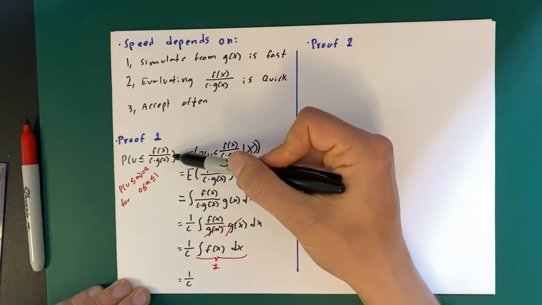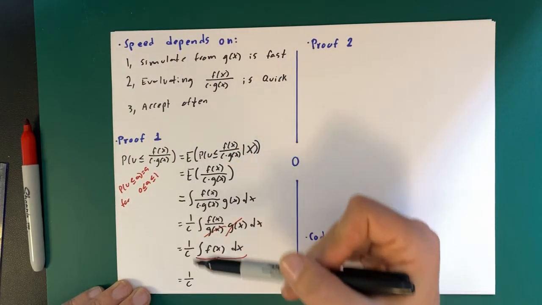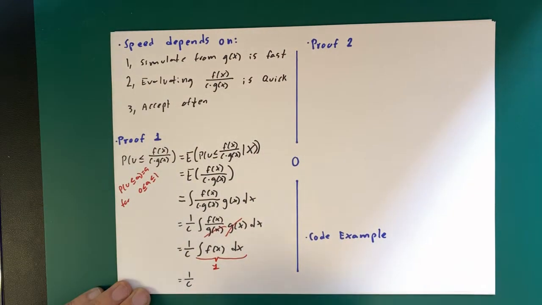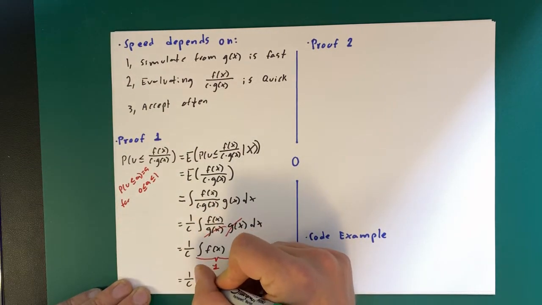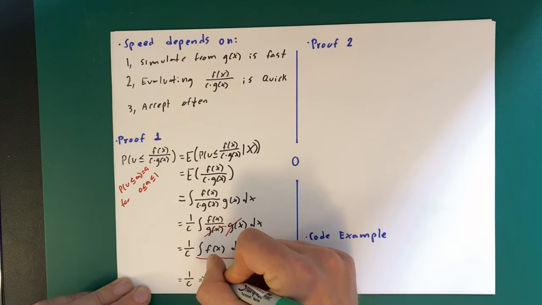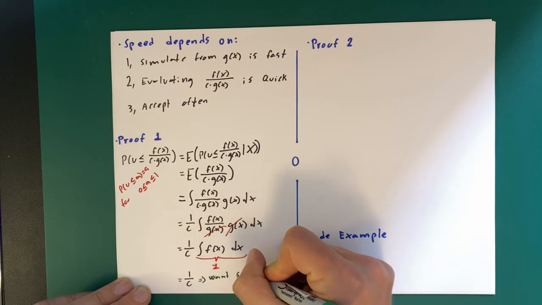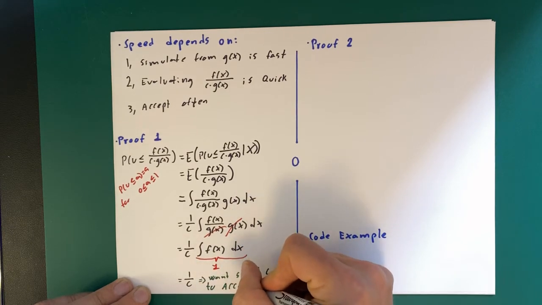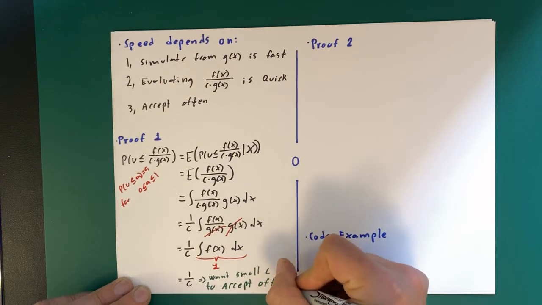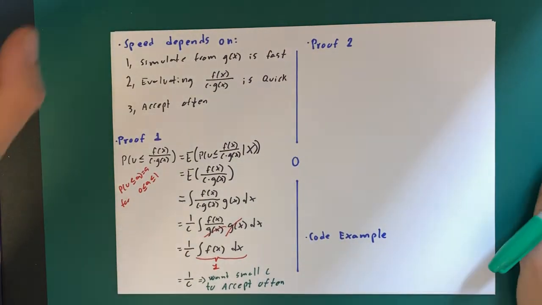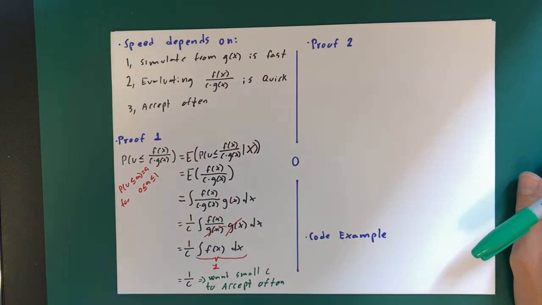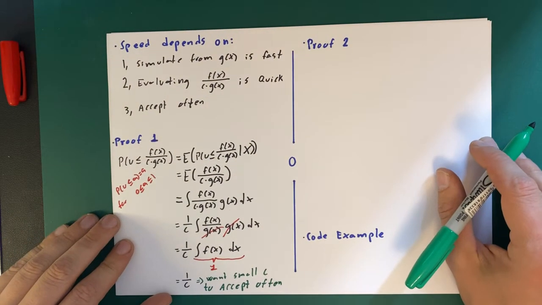So the probability of accepting is 1 over c. What can we use that for? This implies that we want small c to accept often. So that was a very useful insight from the proof.